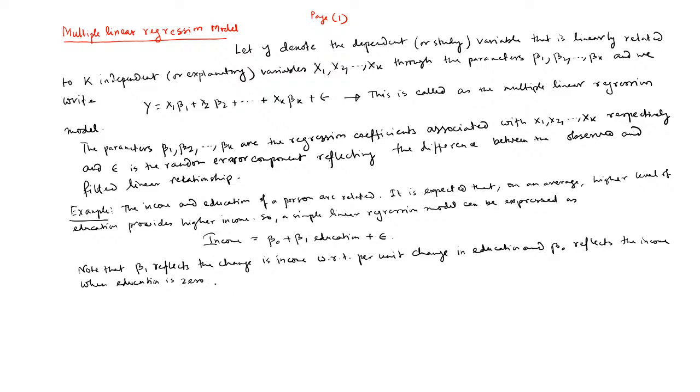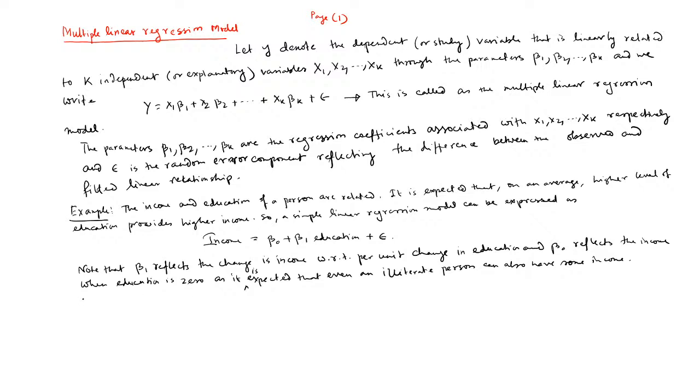It is expected that even an illiterate person can also have some income. And this is the example where beta naught has a real or practical meaning. Okay.